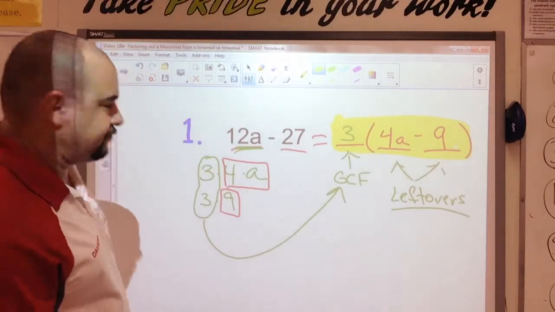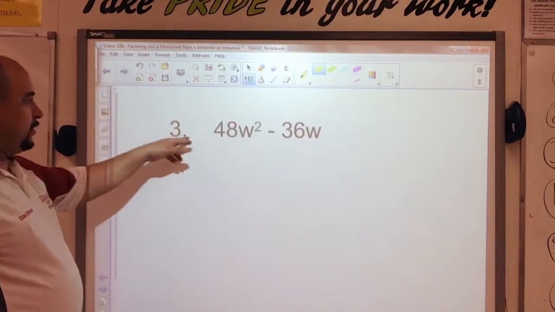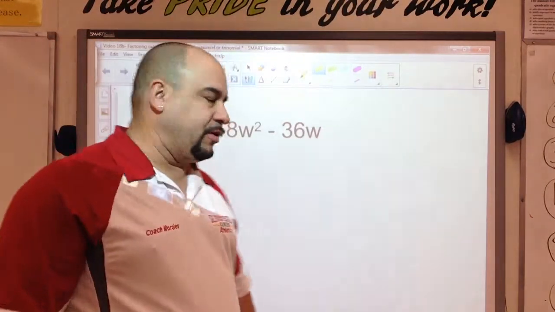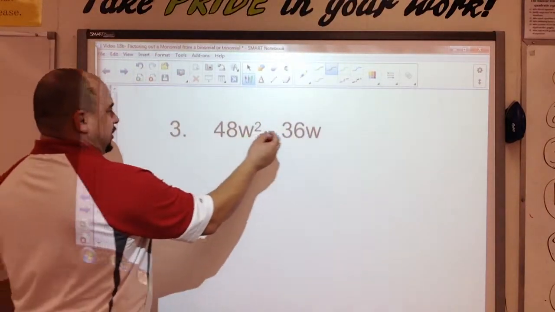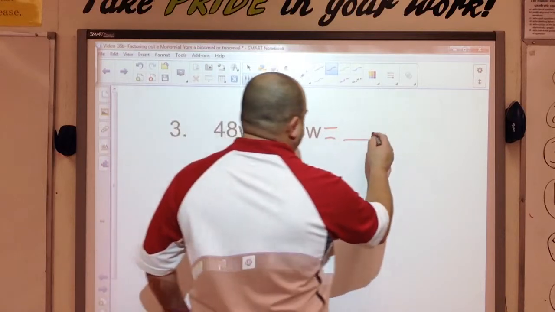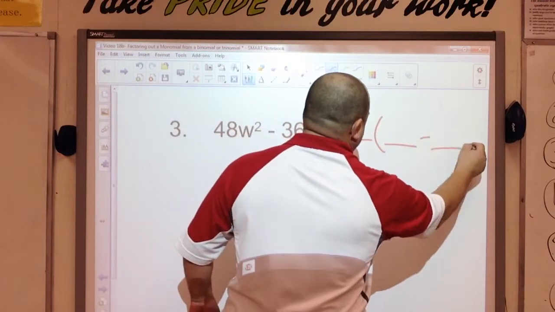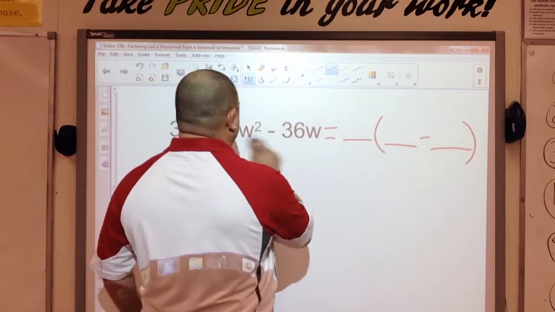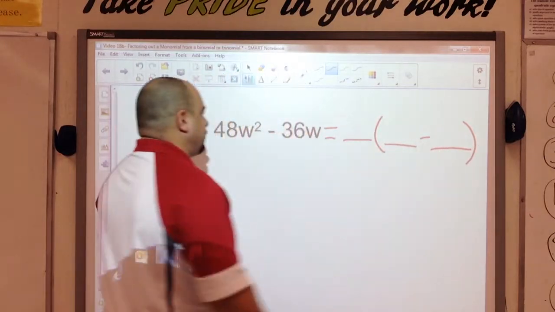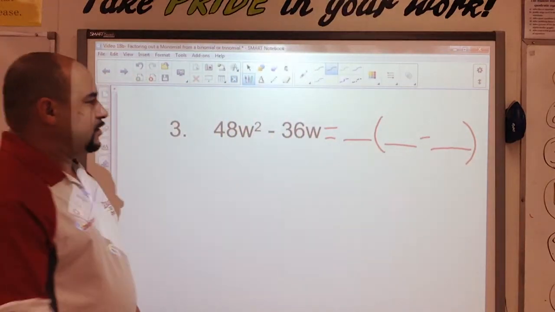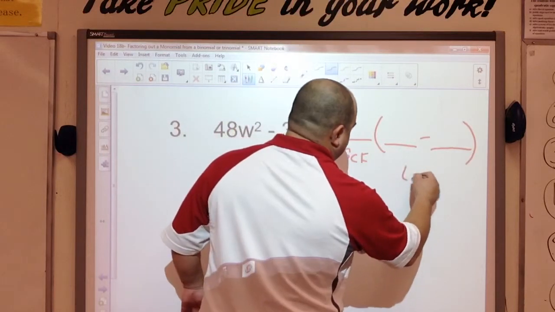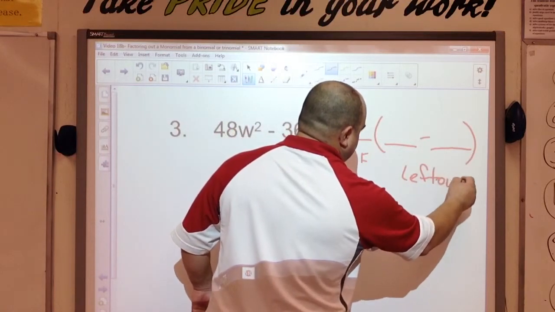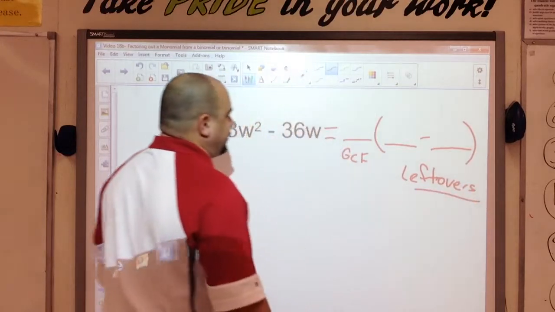Let's try another one. Let's go to number 3. So, equal sign. I have 2 terms. I have a binomial, so I'll put the binomial inside with my minus sign in the middle. Again, this is where my GCF is going to go, and this is where my leftovers are going to go. Okay?